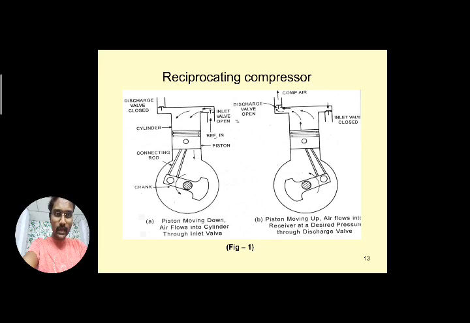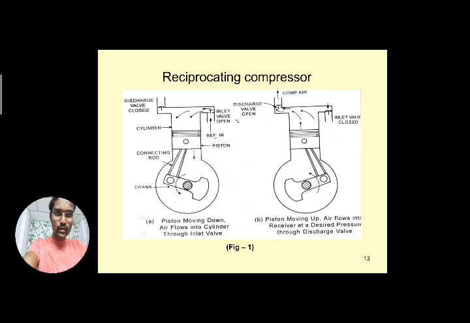In the second diagram, the piston is moving to the top and compression is starting. The piston moves up, and air flows into the receiver at the desired pressure through the discharge valve.